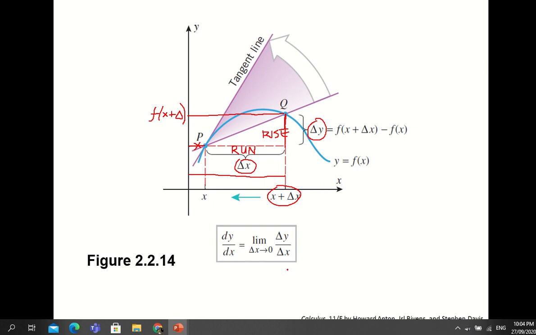So this is our next definition, class, that the derivative of y with respect to x is equal to the limit of this ratio of the rise over run as delta x approaches 0.